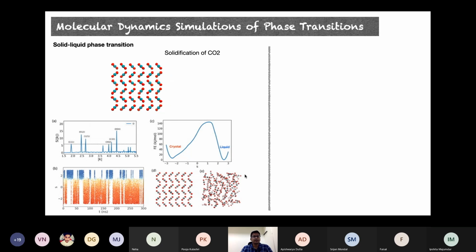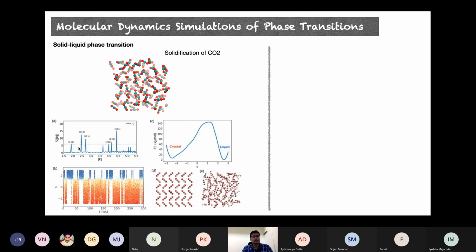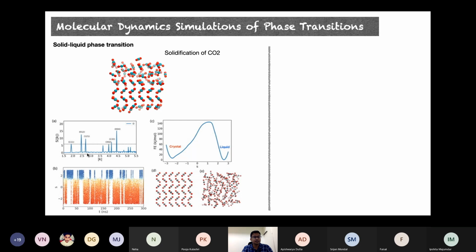Many of the experimentalists would be familiar with this kind of diagram. This is the structure factor, or you can think of it as an XRD pattern, where you have particular peaks at certain K values which correspond to particular facets. This is calculated by us. We write code to calculate the structure factor.